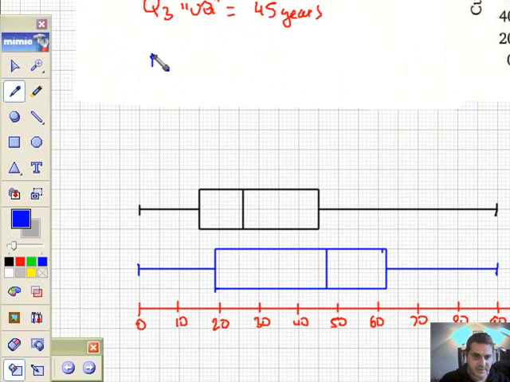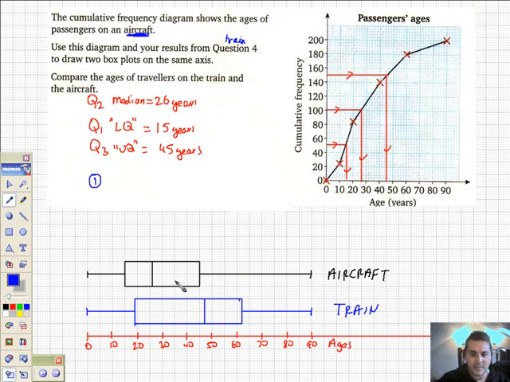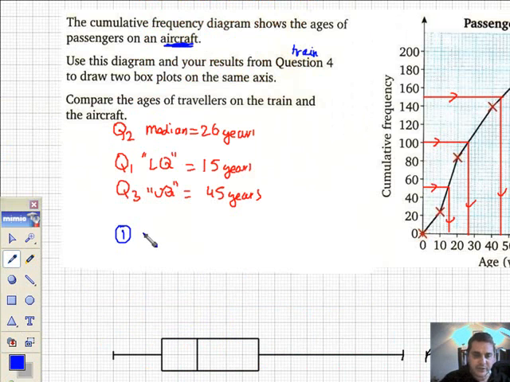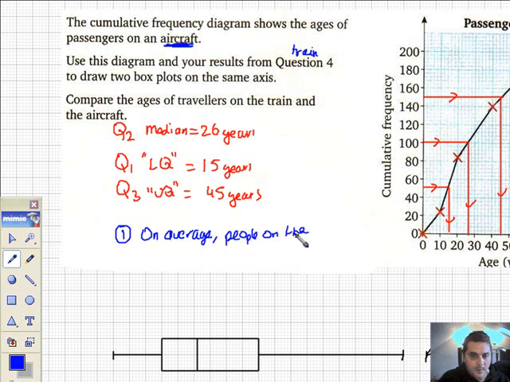Right, so first difference I'm going to see, look at the median. The average age of people on the aircraft is less than the average age of people on the train. So on average, you can use words like that. We're not working out the mean using group data, we're just using the median. On average, people on the aircraft are younger.